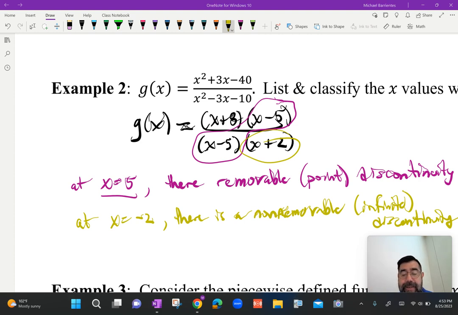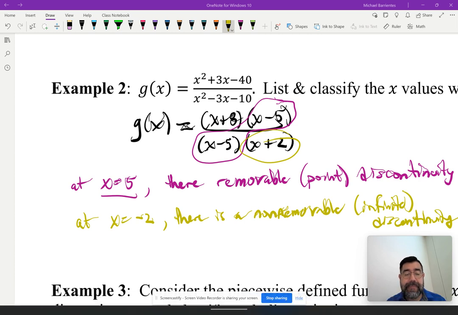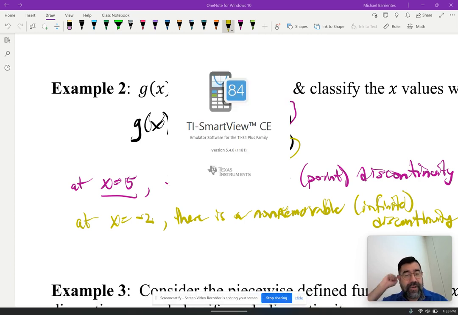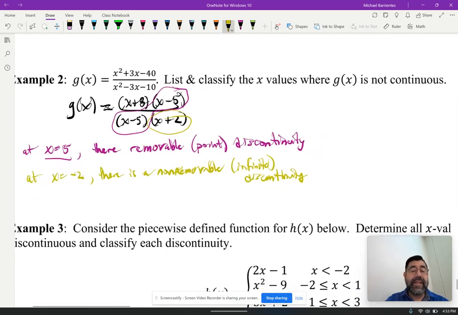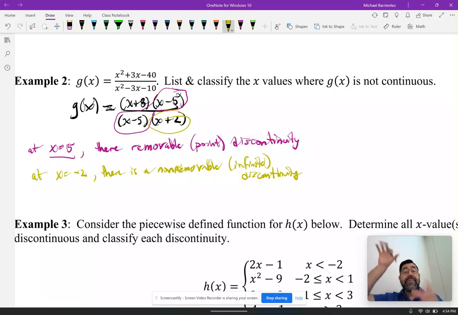Do we see why? As I try to open my calculator, we'll graph it and see if what we're predicting is actually going to happen. Again, the whole idea is whenever there's a common factor on top and bottom, if I substitute the x value that makes that factor equal to 0 into the top and bottom, it's going to give me a 0 over 0.